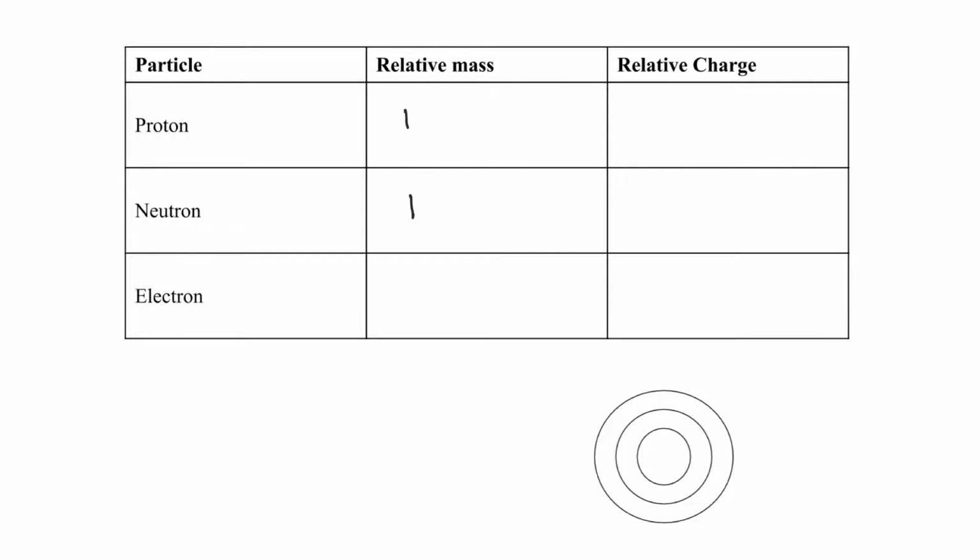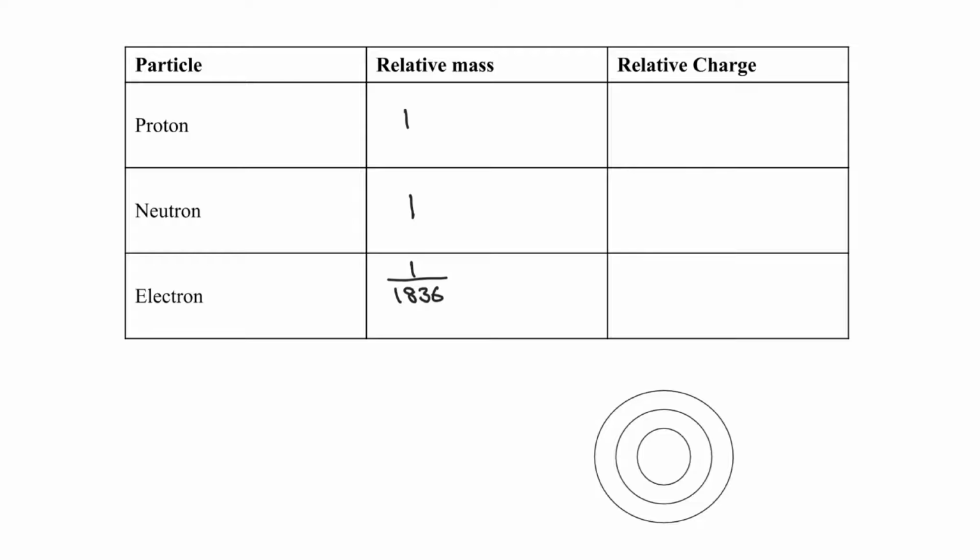Now the relative mass of an electron is often quoted as 1/1836. Some exam boards might describe the relative mass of an electron as negligible. Now what does that mean? That means that if you've got a proton, it would take about 1836 electrons to have the same mass.